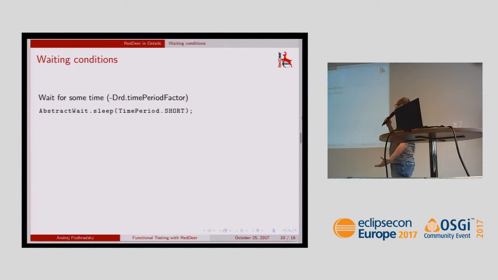We use this enumeration because some slaves are pretty fast and some are pretty slow. So on each slave we can specify the system property time period factor, and the waiting time is increased or decreased according to this property.